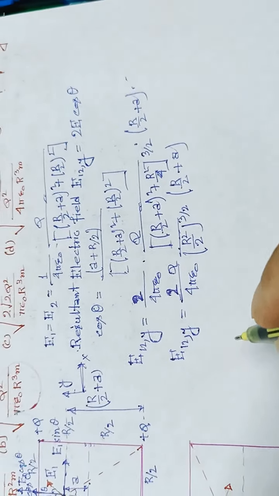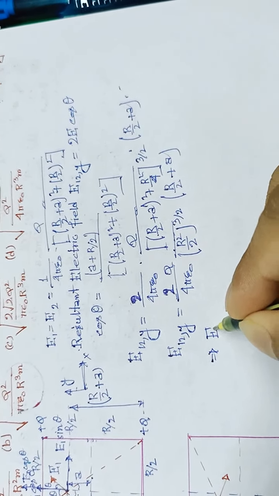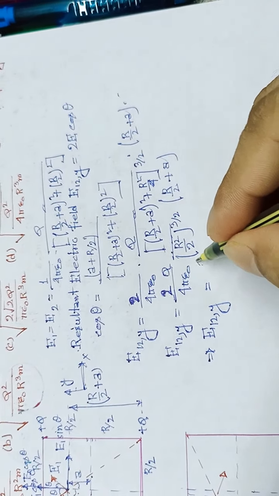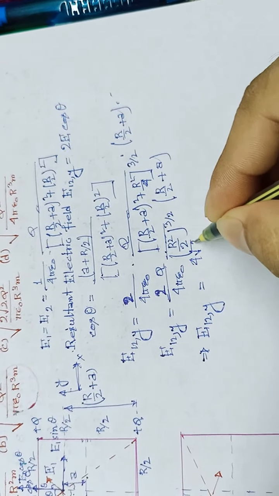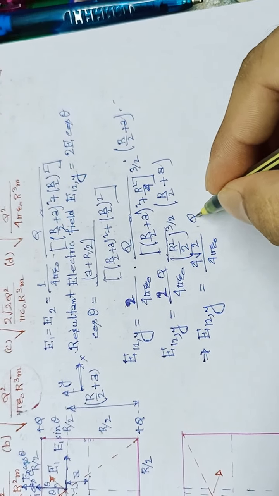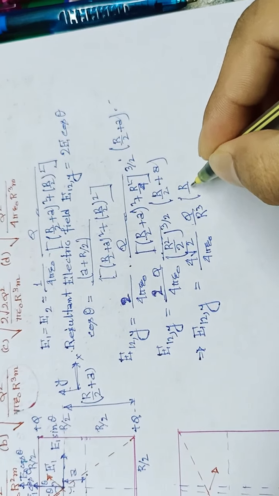So from this we can write our resultant field E1y will be equal to 4 root 2 divided by 4 pi epsilon naught, q divided by r cube, multiplied by (r divided by 2 plus a).